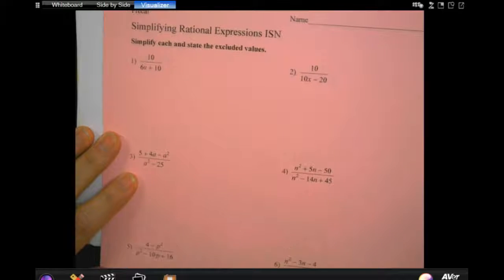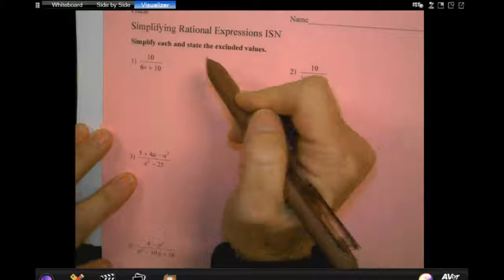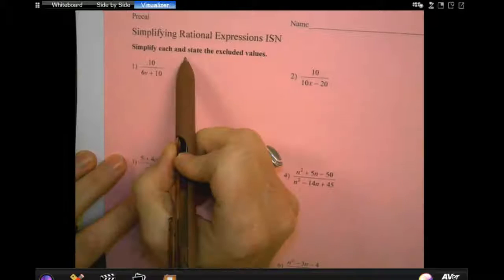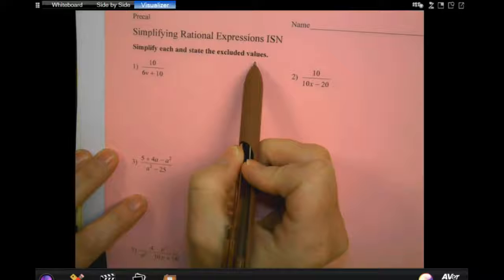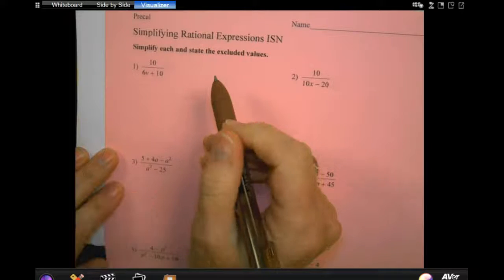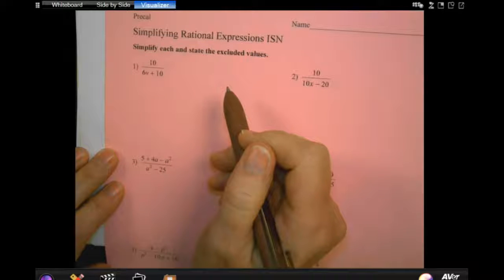So what I want to do is reduce each one of these fractions. It says simplify each and state the excluded value. What number did I say we can't divide by, ever? 0, right?